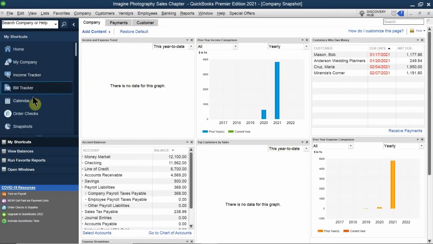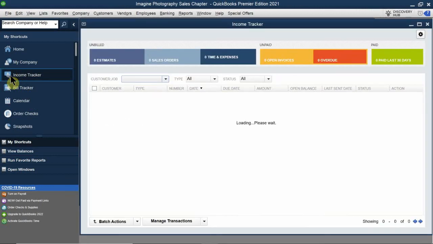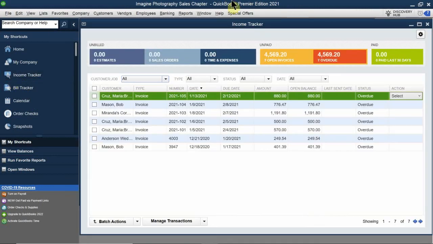Okay, income tracker is going to keep track of your income. Straightforward, right? This gives you a list of all the invoices that you've completed, who's made their payments on time, who received discounts, and so on and so forth, who has paid. And that is what the income tracker is.